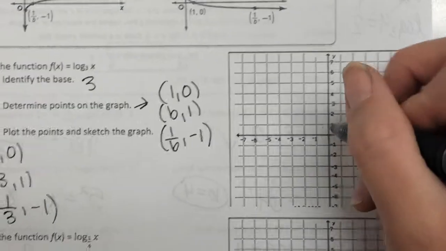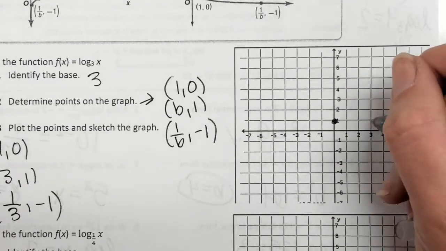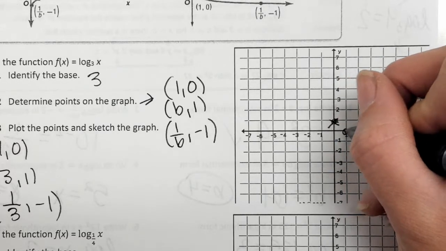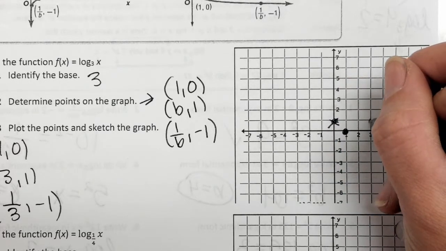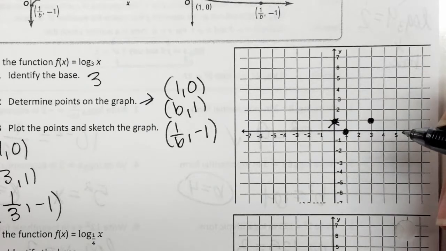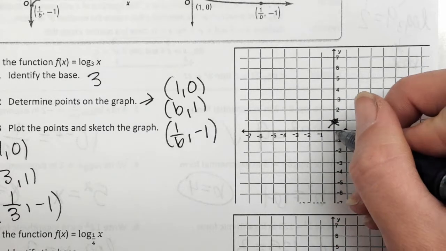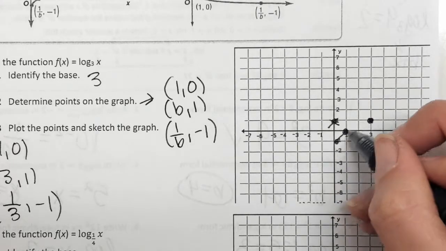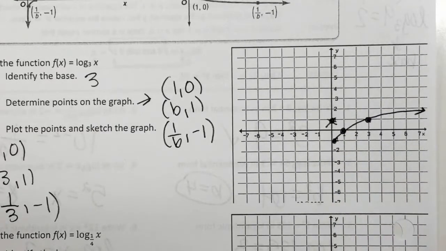So graph (1, 0). (3, 1). Then (1/3, negative 1) is going to be right about there. And it's going to look like this every time. And that's all.